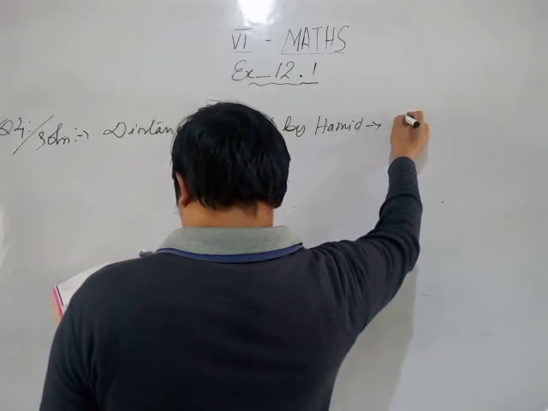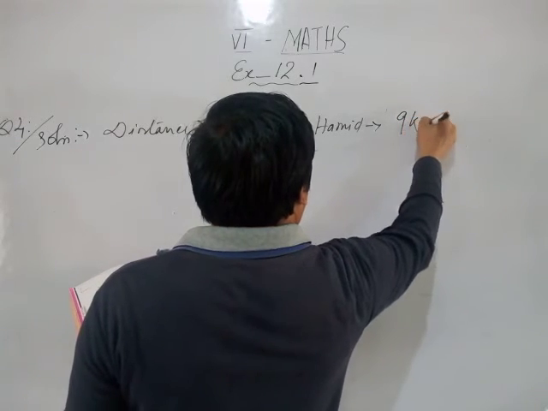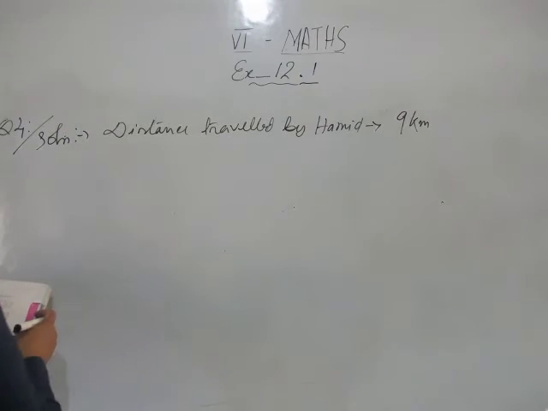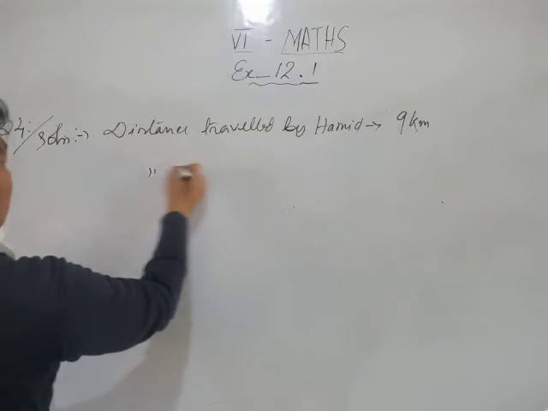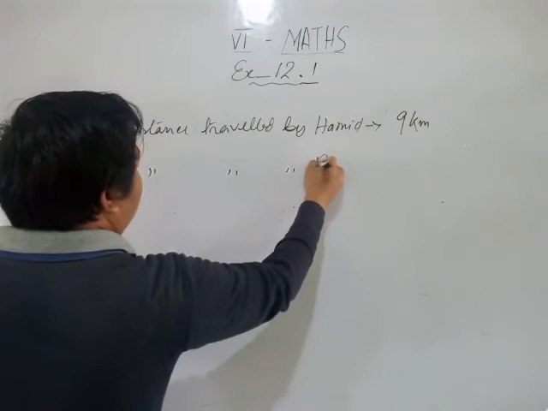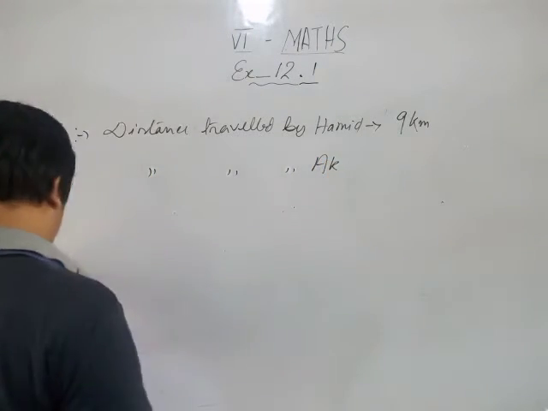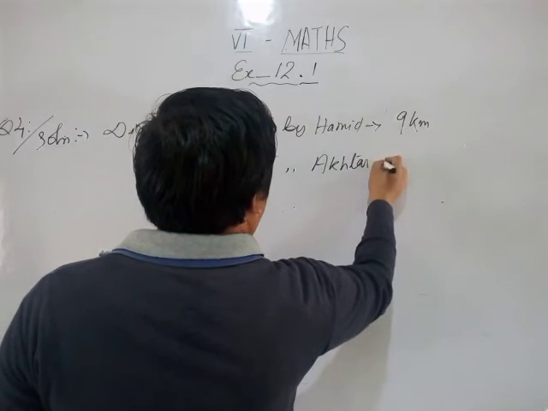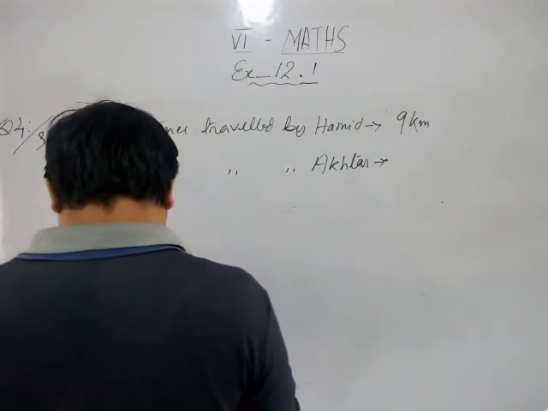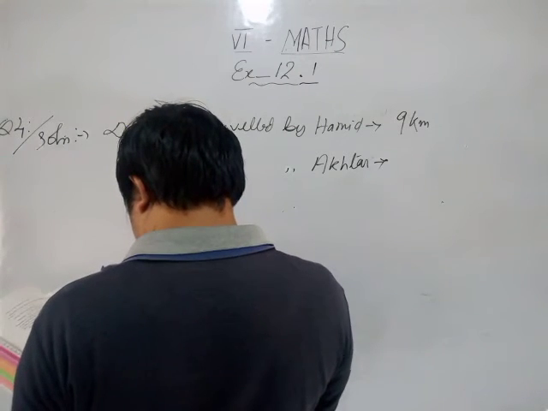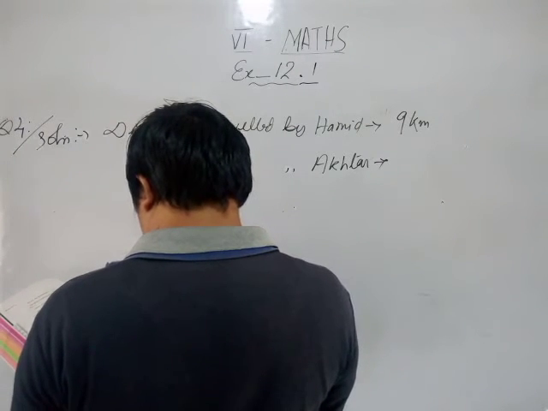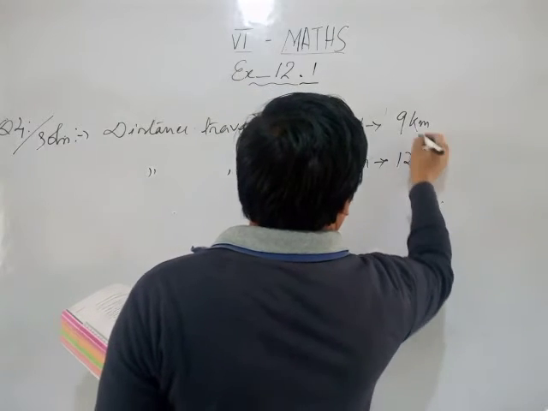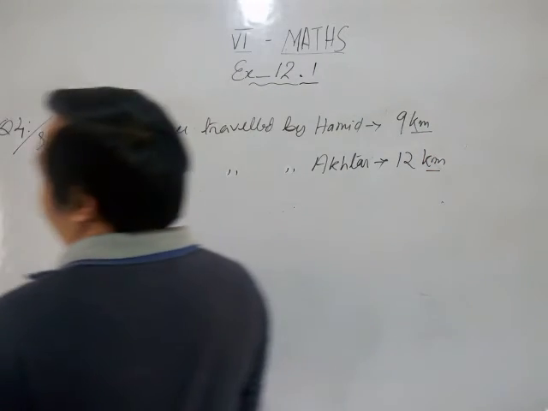This is 9 kilometers, isn't it? Then the distance traveled by Akhtar is 12 kilometers. Now you see, kilometer and kilometer, same unit, so we can take the ratio.